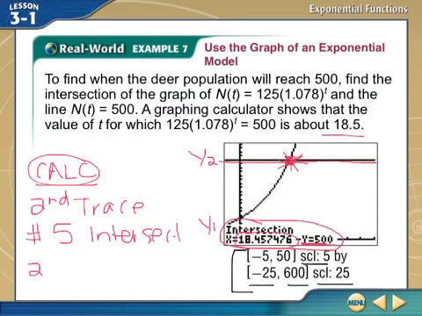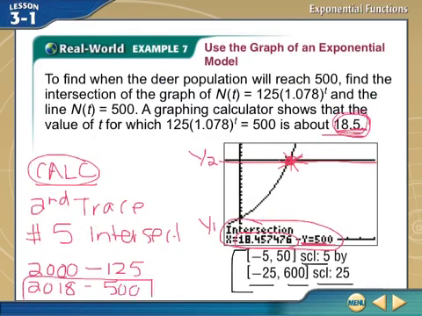Because remember, our initial population of 125 was in the year 2000, and in the year 2018, maybe in June of 2018, we would have a population of 500. It would take approximately 18 and a half years for the deer population to increase to 500 deer.